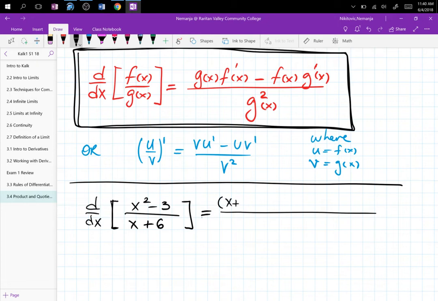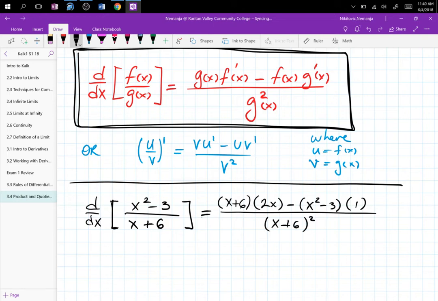Copy g, that's x plus 6, times the derivative of f, which is 2x, minus copy f, x squared minus 3, times the derivative of the denominator, which is just 1, divided by x plus 6 squared.